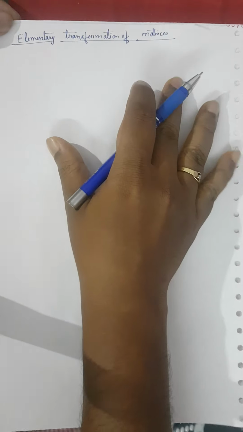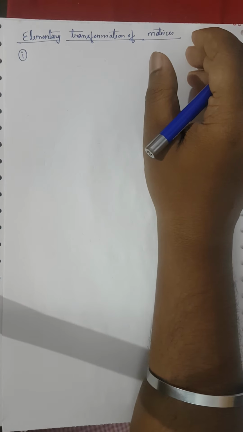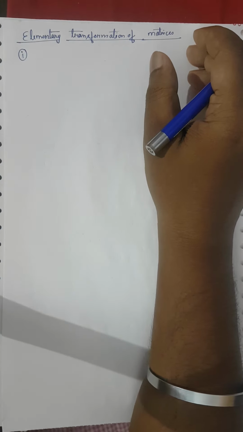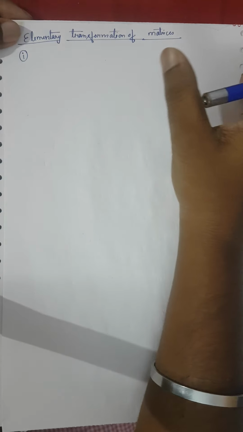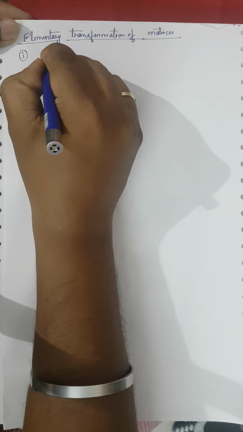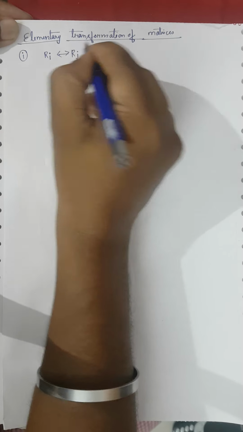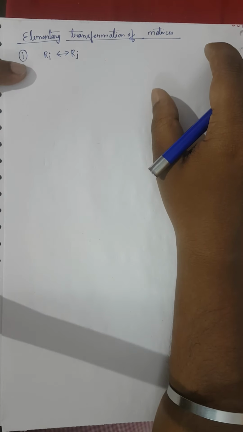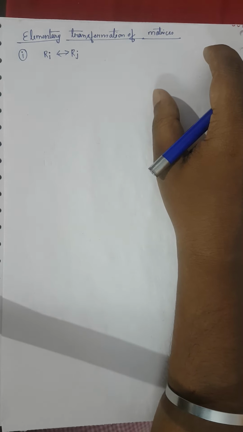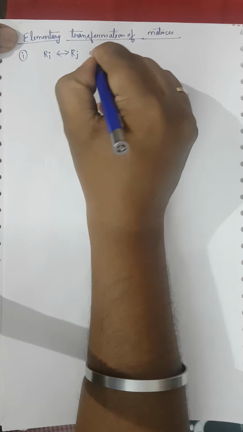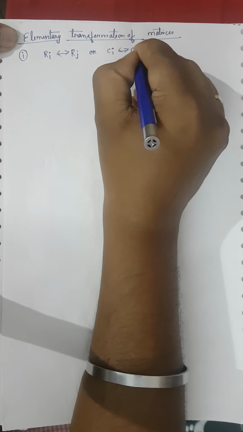Number 1, any two rows or any two columns can be interchanged between themselves, and this is symbolically written as Ri interchanged with Rj, that is, the ith row and the jth row are interchanged among themselves, or for column interchange it will be column i interchanged with column j.